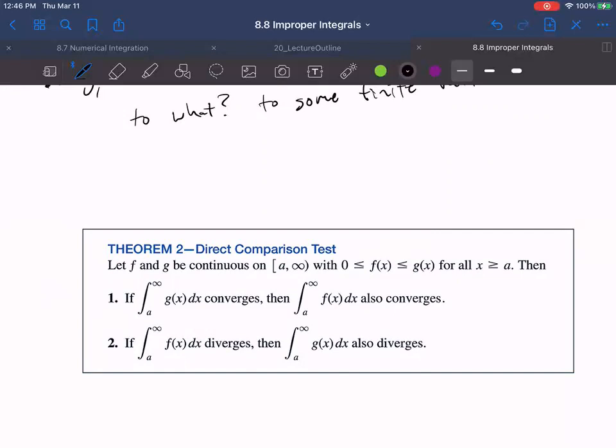If the f of x one, the smaller one, diverges, then the other one also has to diverge. If the larger one diverges, then we don't know if the smaller one diverges or converges. But if the smaller one diverges, then the larger one must also diverge. Okay, so we only have these two situations where it helps us.